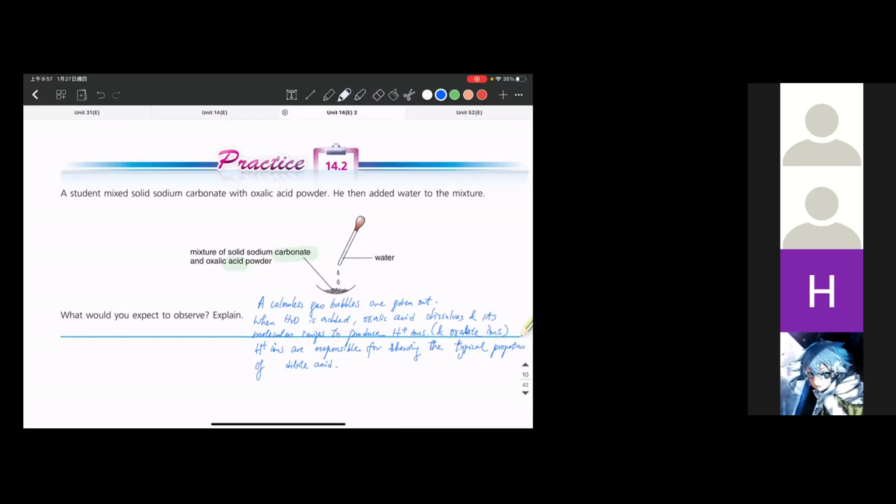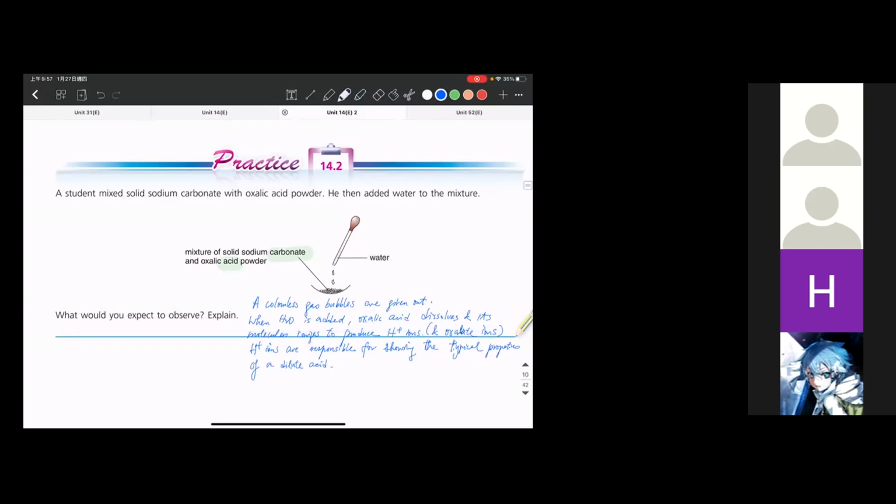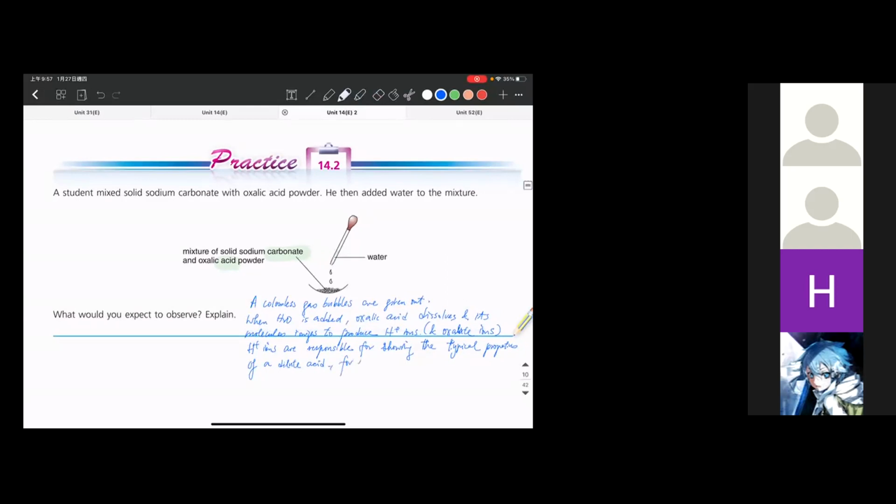For example, in this case, it will react with sodium carbonate to form CO2 gas.